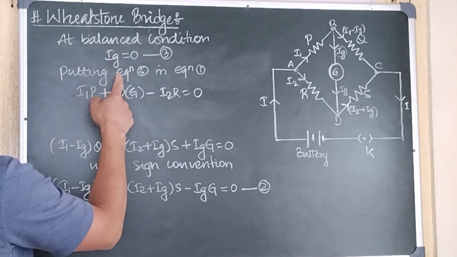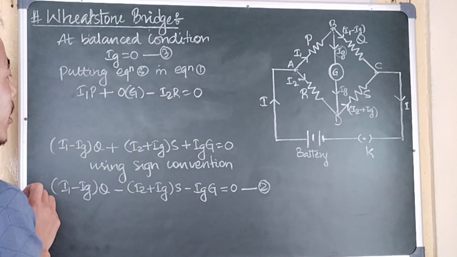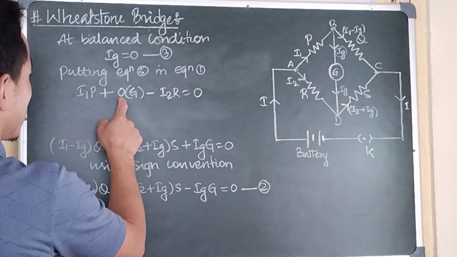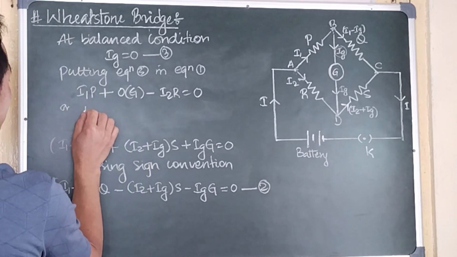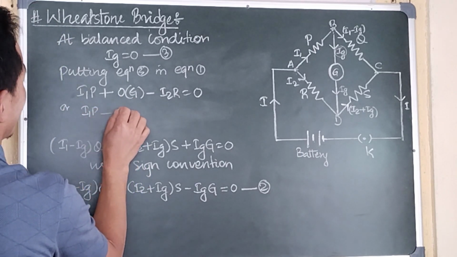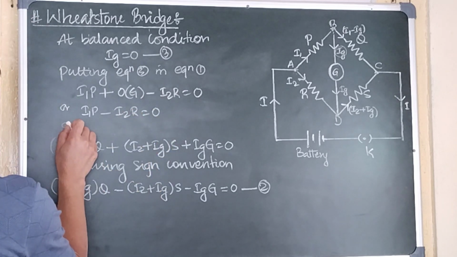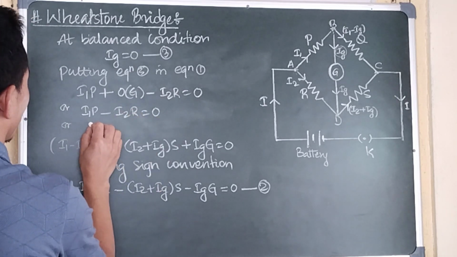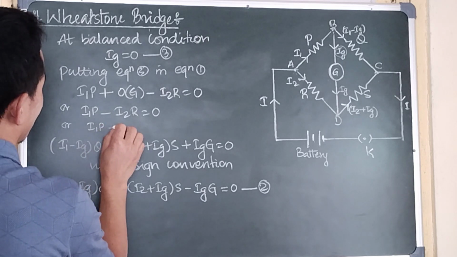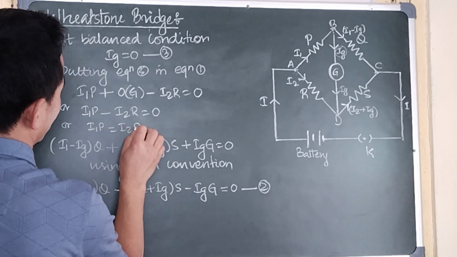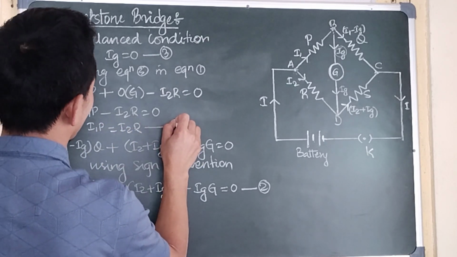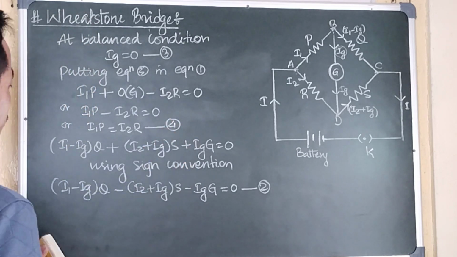So we have taken IG equals 0 in equation number 1. 0 into anything becomes 0, so we can write this as I1P minus I2R equals 0, or if you take it to the right hand side, we get I1P equals I2R. Let this be our equation number 4.